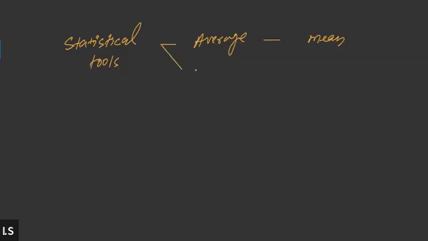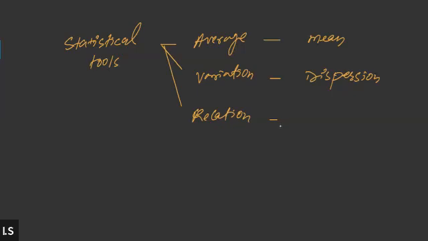If we want to find out the variation in the items of a series, in order to determine the degree of variation, we can use a tool which is called dispersion. Similarly, if we want to find the relationship between different variables, we can use a statistical tool which is called correlation.